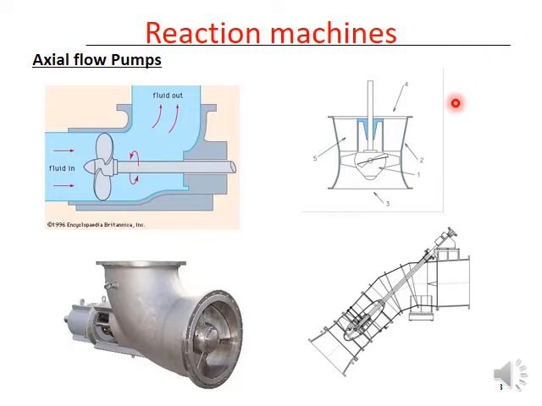If you have seen the water treatment plant next to Akbar Hall, the Mahaweli River is there, and there is an intake, and inside the intake you have this type of installation of axial flow pumps to lift water from the river to the treatment plant.